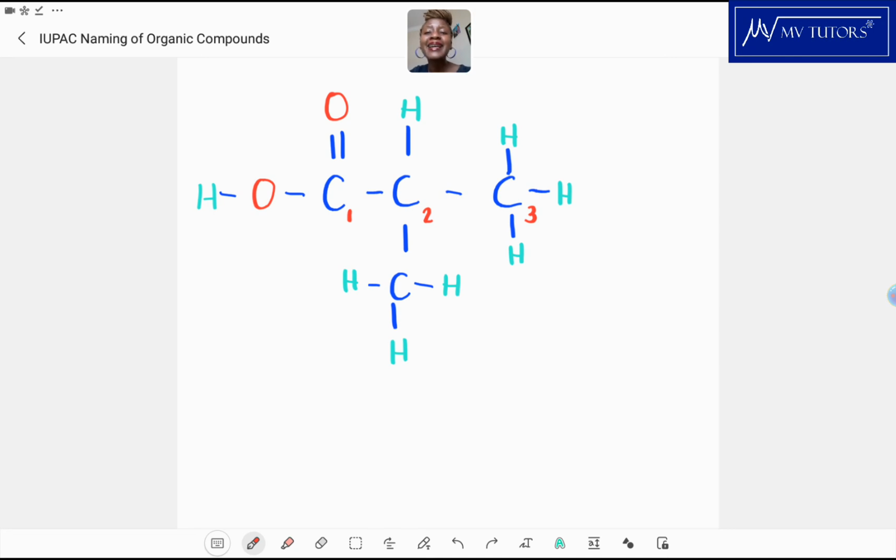What am I saying? Apologies, it's prop. Pent is 5. So it's prop. So it will be a propanoic acid. All right. So it ends with acid. Oic acid is your suffix. We have 3 carbons, so it's propanoic acid.